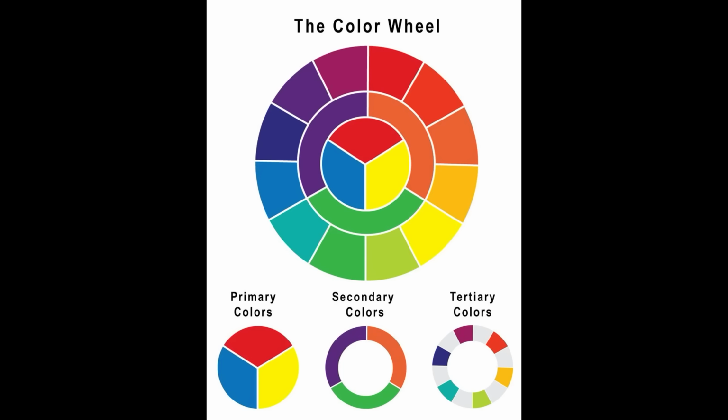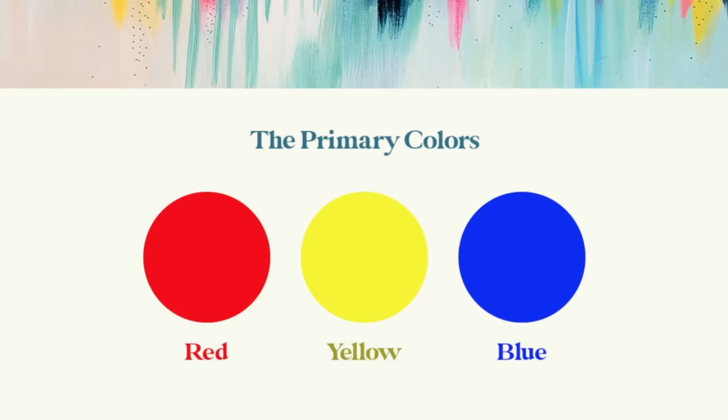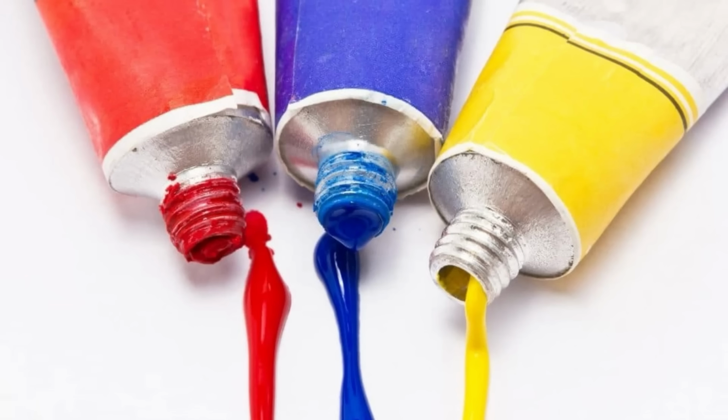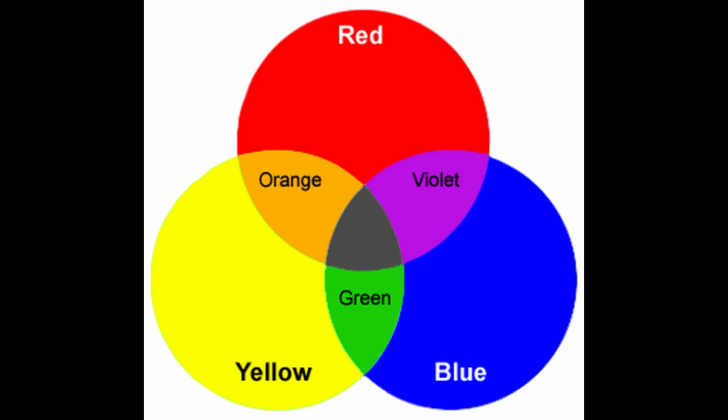Color wheels depict the relationship between primary, secondary, and tertiary colors. The three primary colors are red, yellow, and blue. Since primary colors can't be recreated by blending colors, they are considered the building blocks from which all other colors are created.